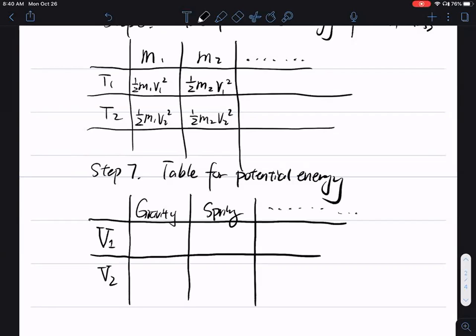Under each potential energy, you're going to calculate what that potential energy is at position 1. Under gravity, that's just mg h1. That's the potential energy for gravity at position 1. At position 2, that's mg h2. If you have spring, we just introduced that equation.